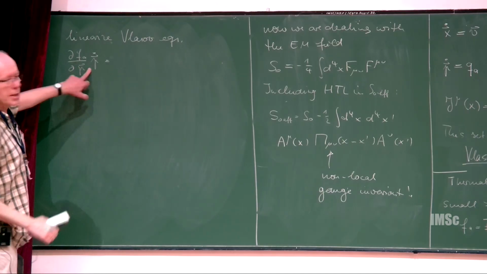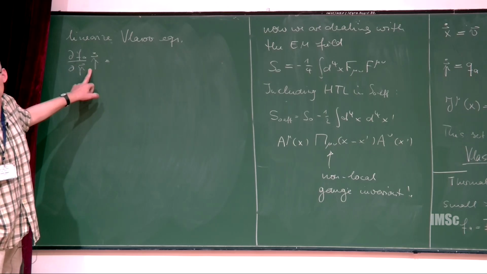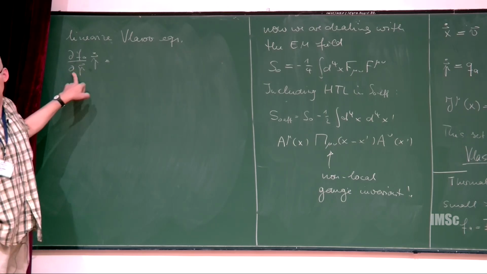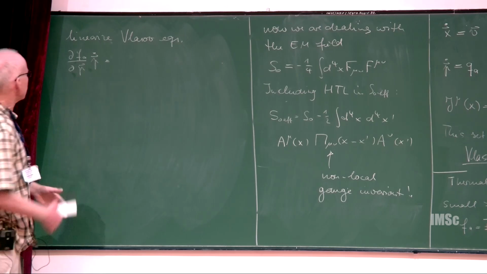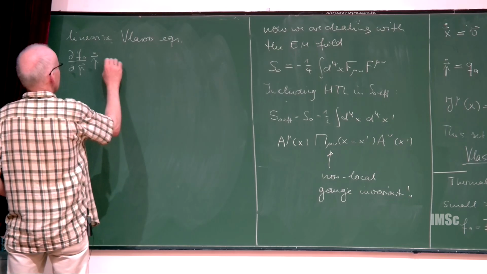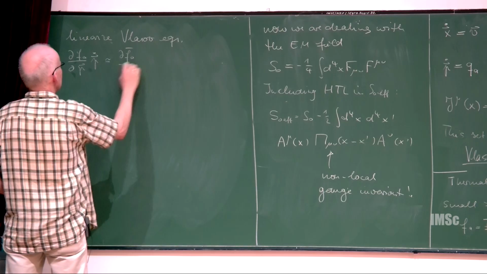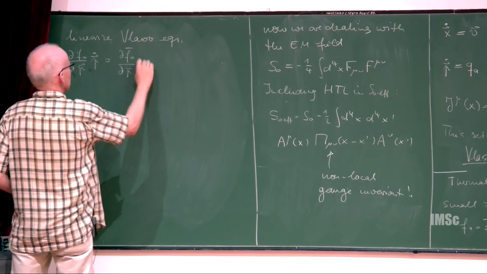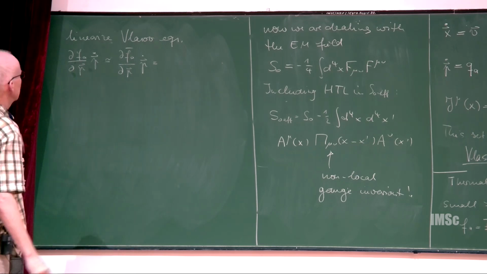Now the ṗ is proportional to the field, so the field is a small quantity. It means here I can put in the equilibrium distribution, so I replace it by ∂f_a equilibrium/∂p times ṗ.